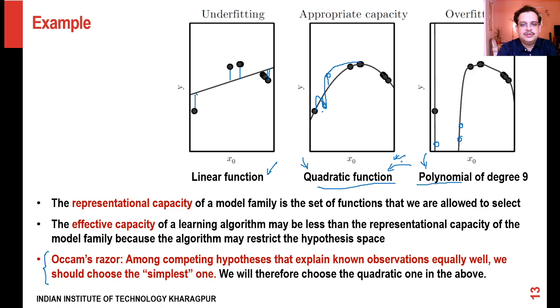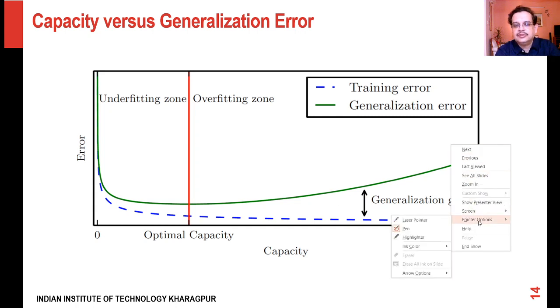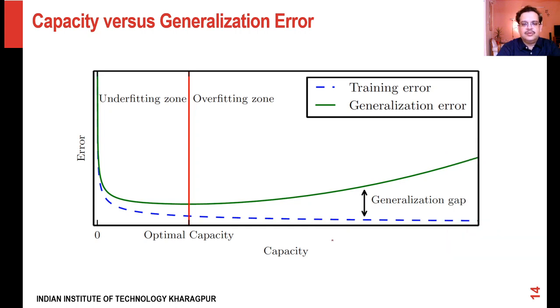If you want to build this into something like a theory, then this is what we mean. On the x-axis I have capacity. As we go in this direction, the capacity of the model increases, which means that I am choosing more and more complex models.